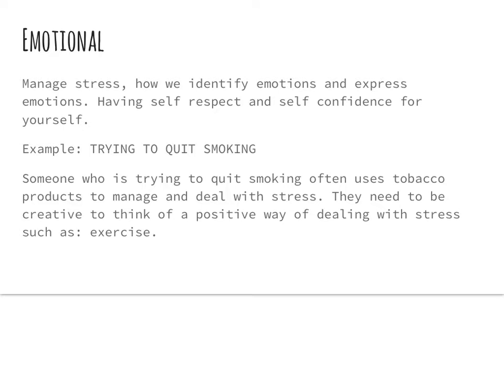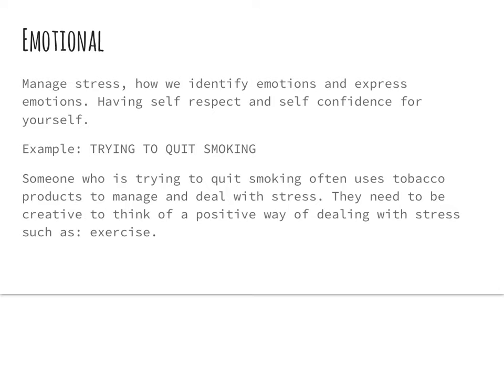I list an example here as trying to quit smoking. Oftentimes, people with substance abuse choose to use those substances to deal with stress. That's their unhealthy way of managing stress. So here, obviously, an example would be trying to quit smoking, turning this into a positive habit.